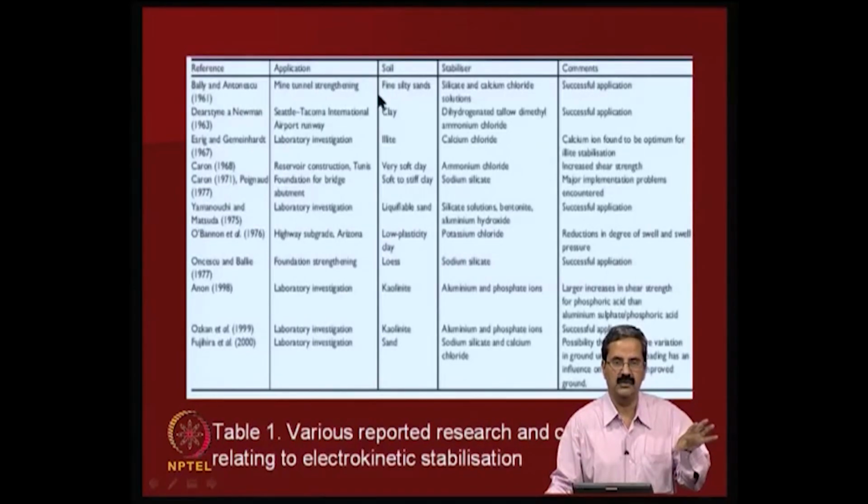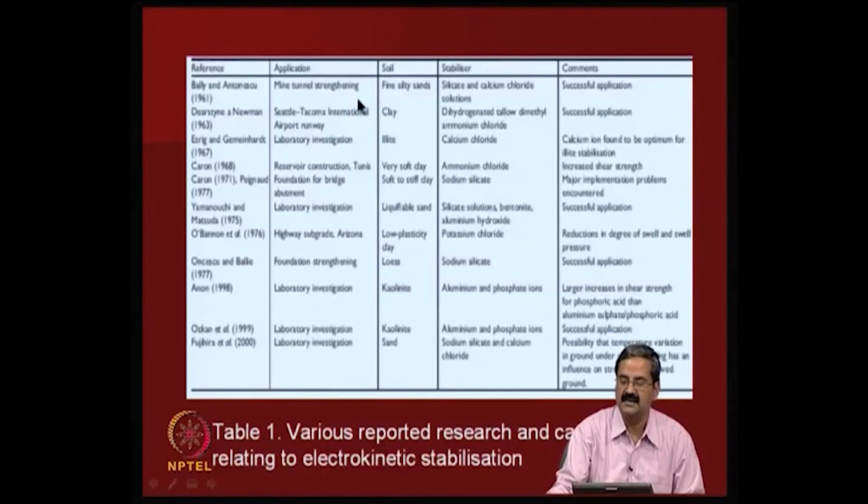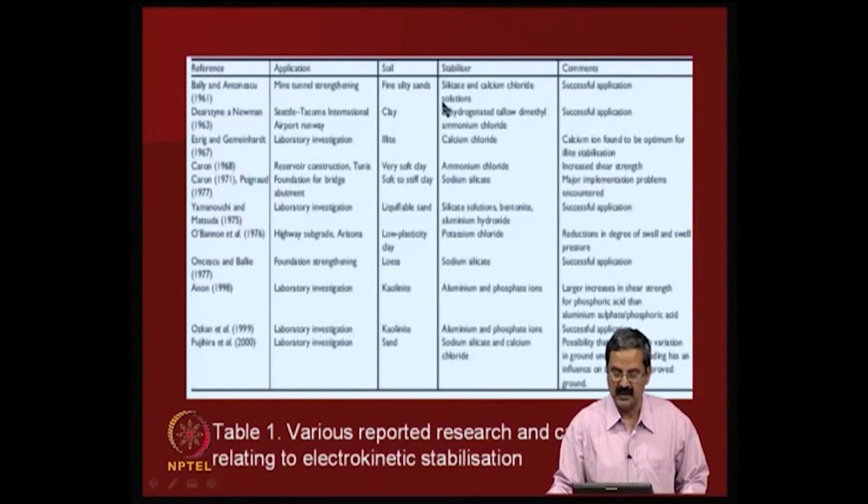When you are tunneling and want to strengthen the tunnels, one should use proper stabilizers so that electrokinetic stabilization is successful. The soil type was fine silty sands. The stabilizers used were silicates and calcium chloride solutions, to accelerate the process. The application was successful.